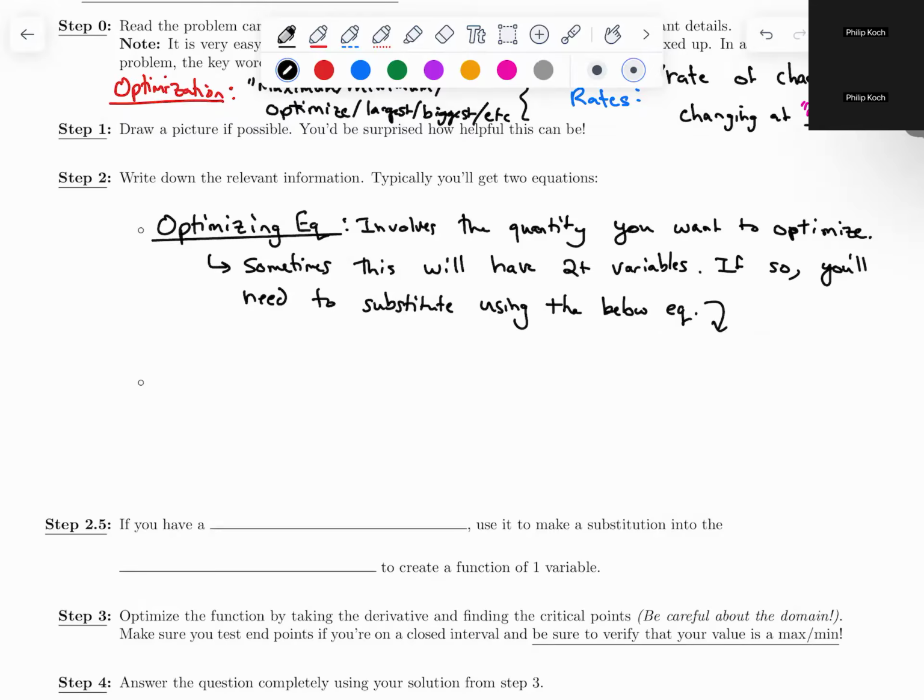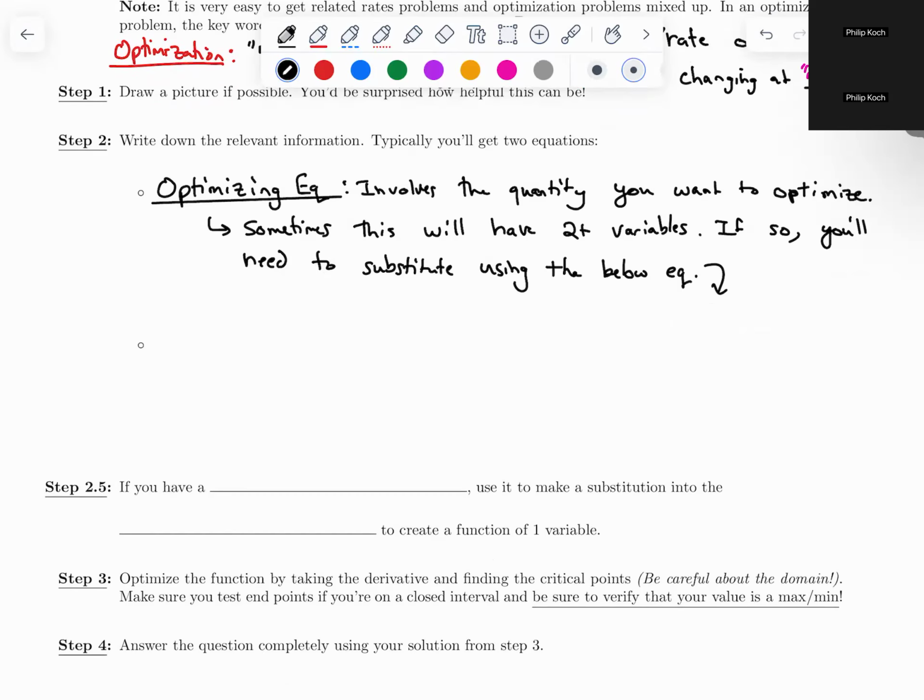so you have to have what I call a constraint equation, or a limiting equation, any word that means the same thing as a constraint. It is a requirement on the variables. And you'll see one in action in just a second.